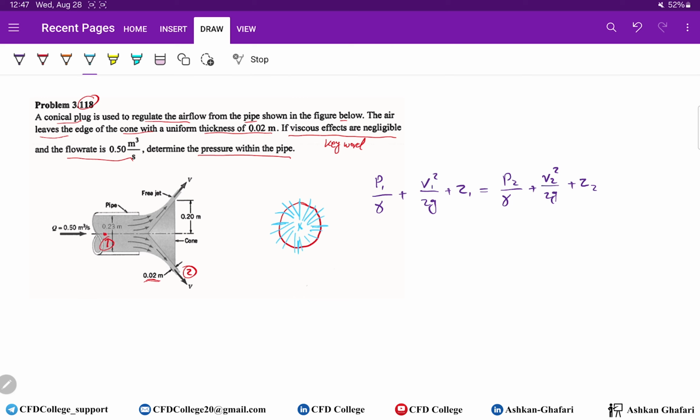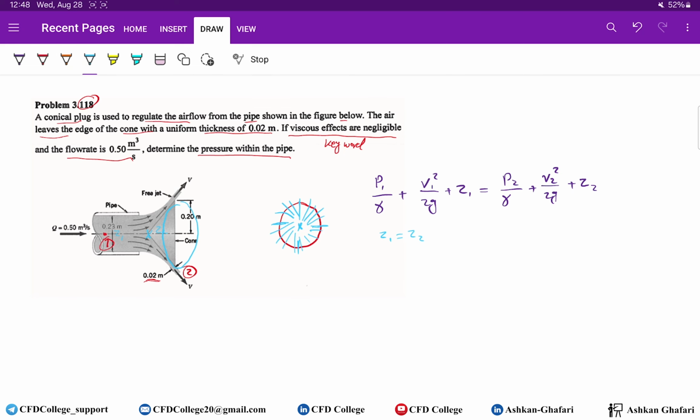And when we do the integral, the average elevation should be at the middle. So here is Z2 and here is Z1. So Z1 equals Z2. Again, it's a 3D exit, so the average elevation of the exit should be at the axis of the pipe.